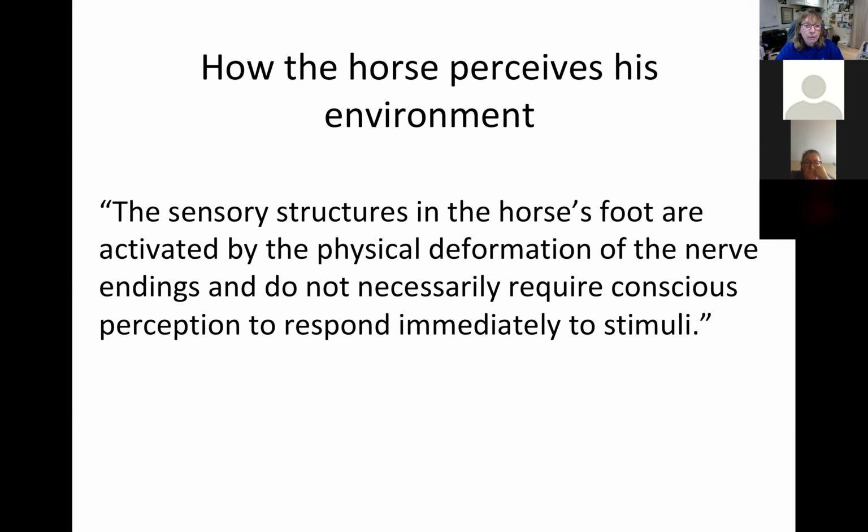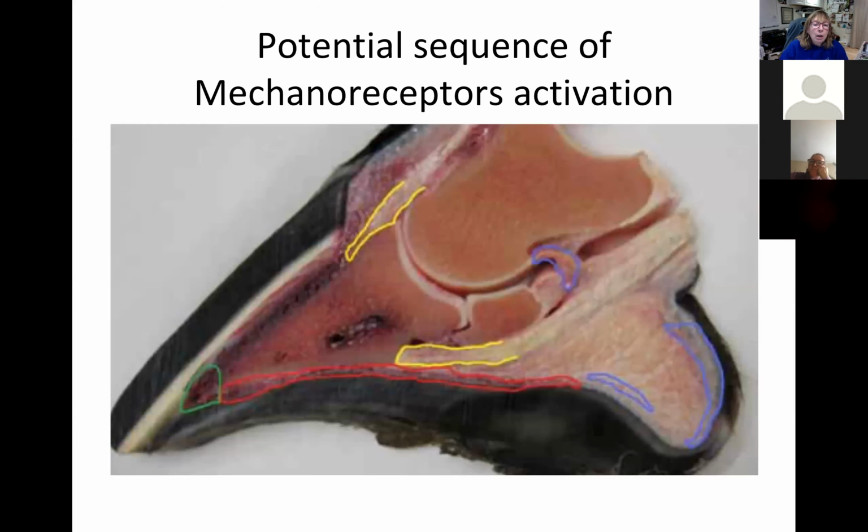But the bottom line is that clearly we're affecting these horses, and maybe at first it's just this deformation of the nerves that's not conscious, but there is clearly a conscious piece that occurs because the horses start running back to the pads. So this is a cross-section of a foot, and the blue lines are back where the Pacinian receptors would be.